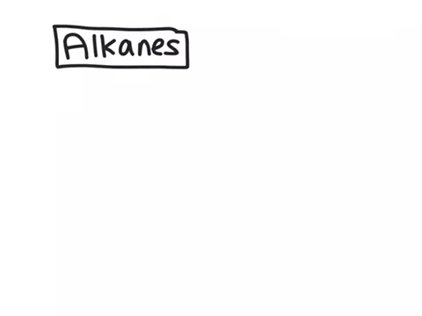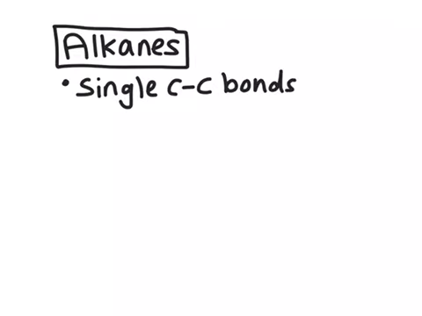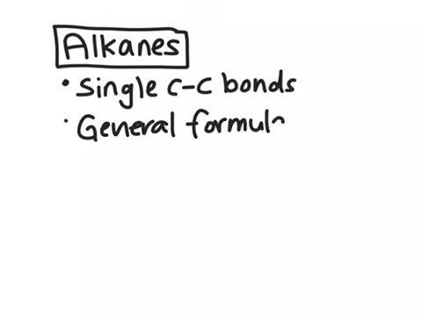We're first going to talk about alkanes. So alkanes are hydrocarbons that only have single bonds between carbon atoms. Alkanes have a general formula. That means a formula that will allow us to predict the chemical formula for any alkane: CnH2n+2.